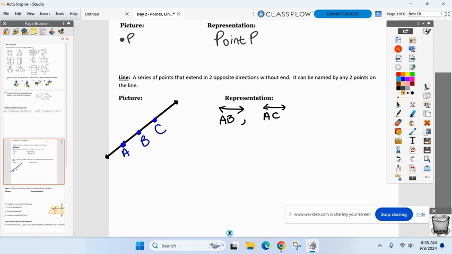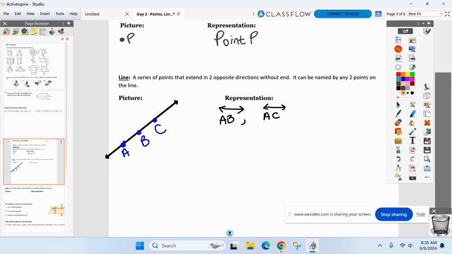I could name it line BA, line CB. Do I need to do two letters? No, you can do all three. We can name this line ABC if you wanted to, but bare minimum, you need two letters to name a line. Got to have arrows on it, and everyone sees the symbol now for a line. And underneath it, you're going to give me at least two points on the line. Doesn't matter the order.